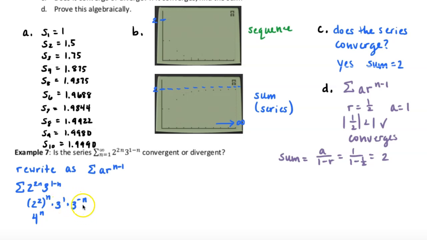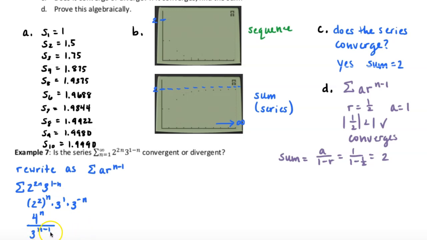I know that I can flip the sign of these exponents if I throw them in the denominator. And so maybe I can write this as 4 to the power of n divided by 3 to the power of negative 1 plus n, or 3 to the power of n minus 1. You okay with that? We're just flipping the signs of both of these exponents. And again, I didn't really change anything.